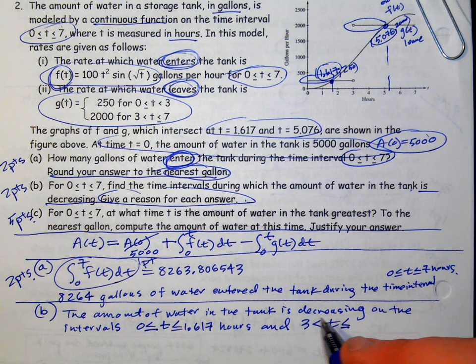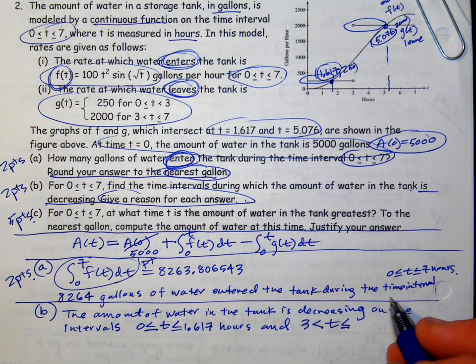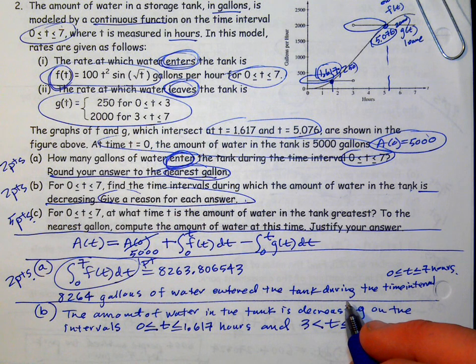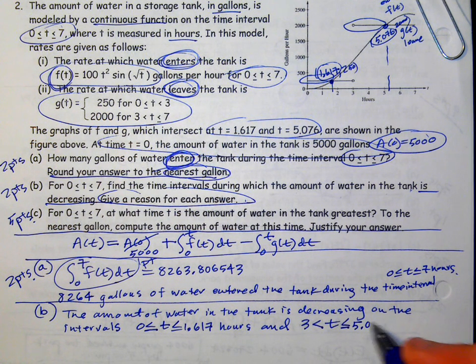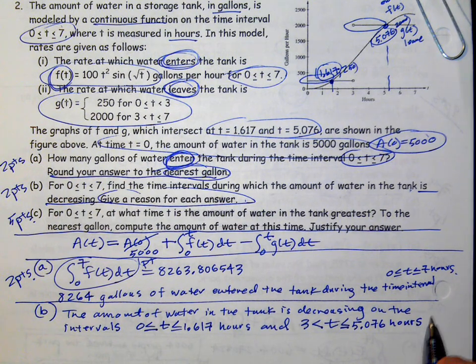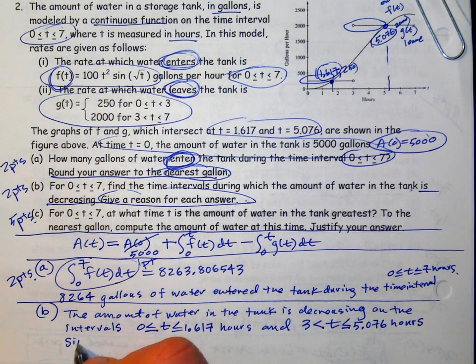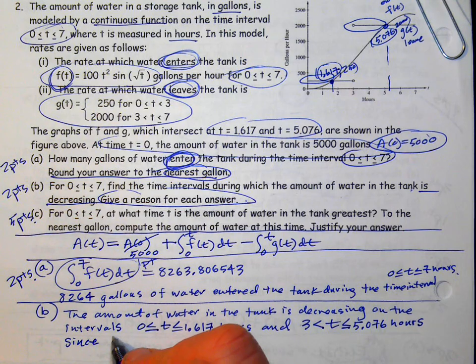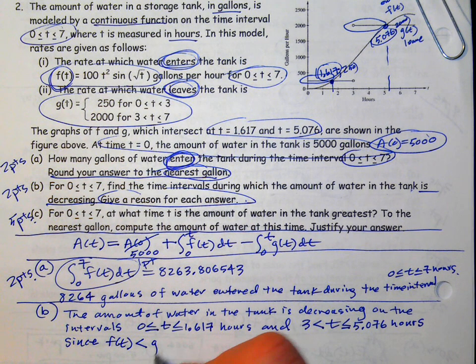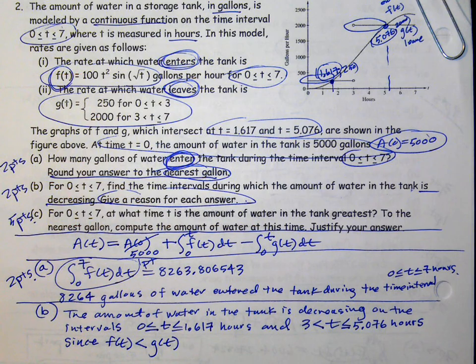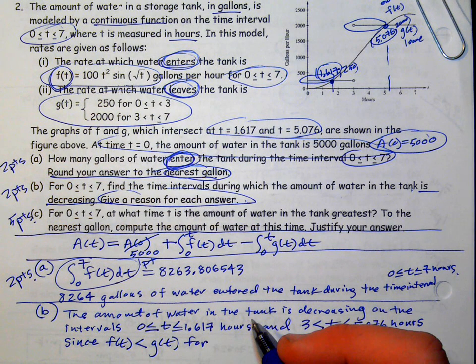Do we include the endpoints? In this case, yeah, I think we generally do, to 5.076 hours. And the reason is since the entering rate F(t) is less than the leaving rate G(t), so this is kind of a short way of showing that for the similar intervals.